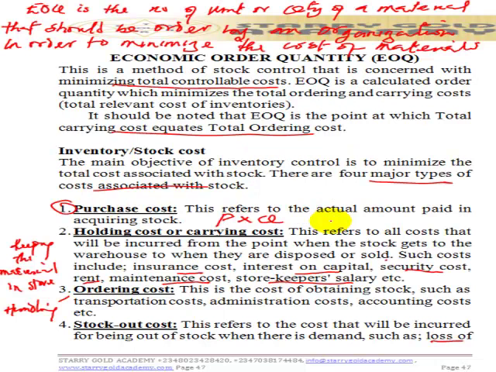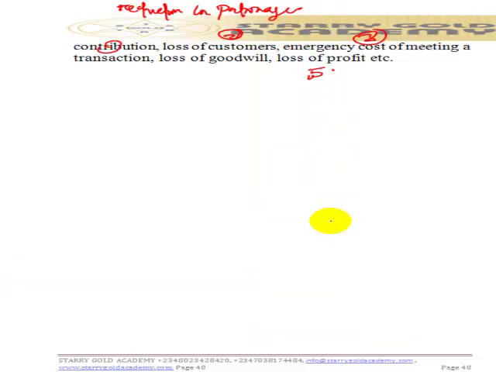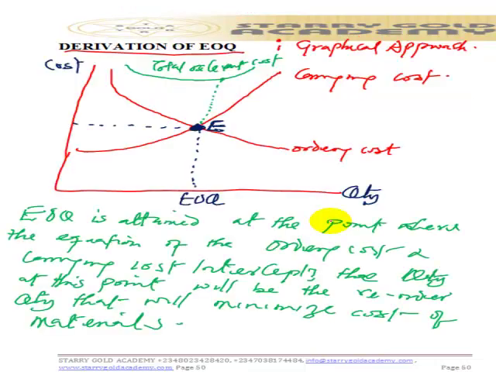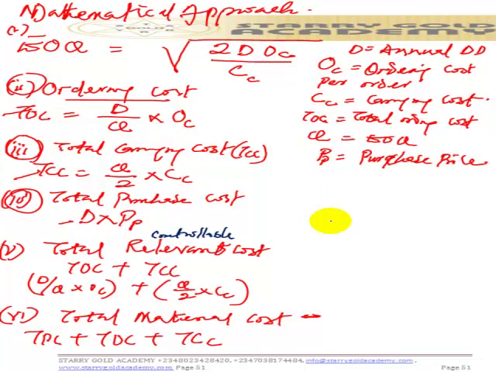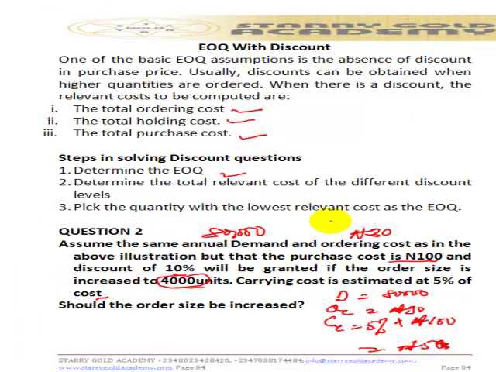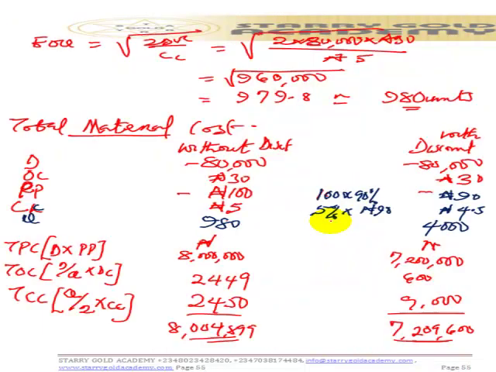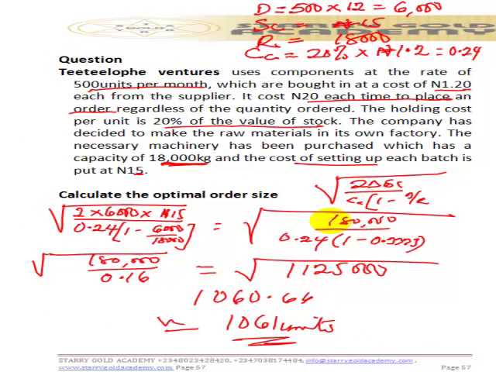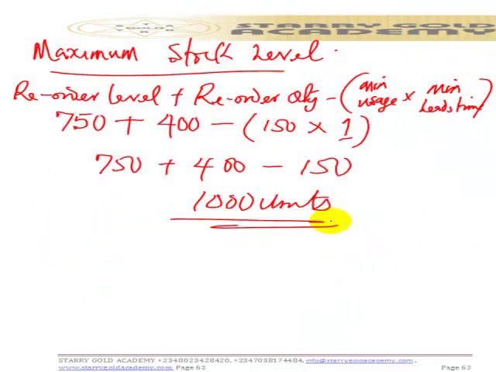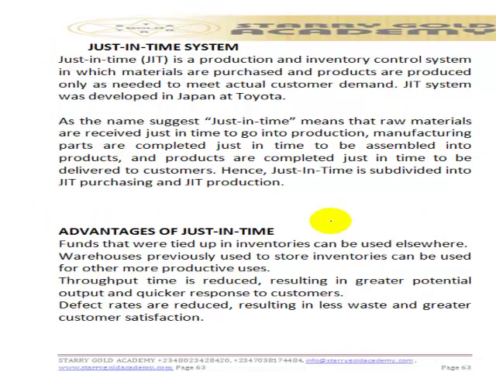So we have discussed the EOQ as a quantity that will minimize material cost, and we discussed the various assumptions, how to derive it graphically and mathematically, and various aspects of EOQ, both discount and gradual replenishment. Then we looked at the reorder level. Now we need to discuss the just-in-time system in order to complete the aspect of the material system.